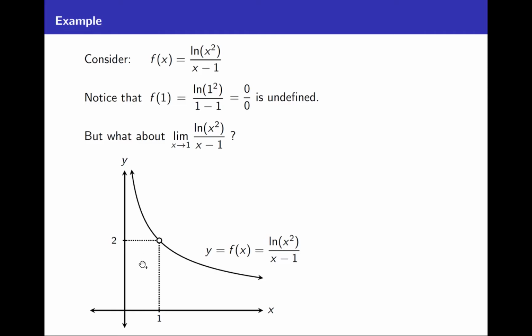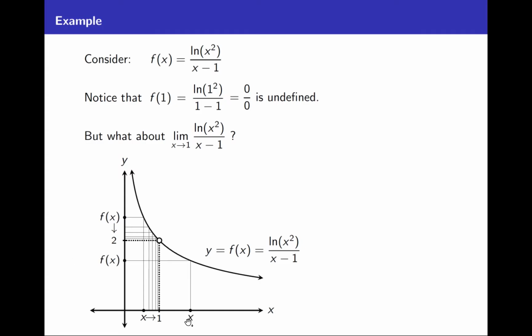That's its y coordinate. And in this picture, notice that as x gets closer and closer to 1, f of x is going to get closer and closer to this number 2. As x gets closer and closer to 1, f of x gets closer and closer to 2. As x approaches 1, f of x approaches 2.